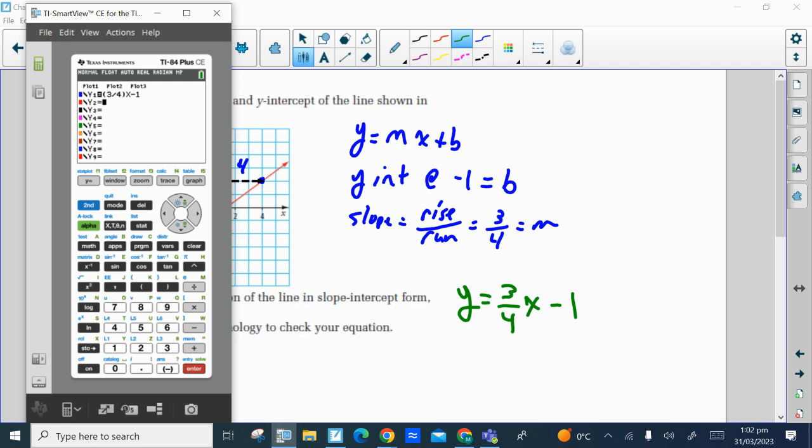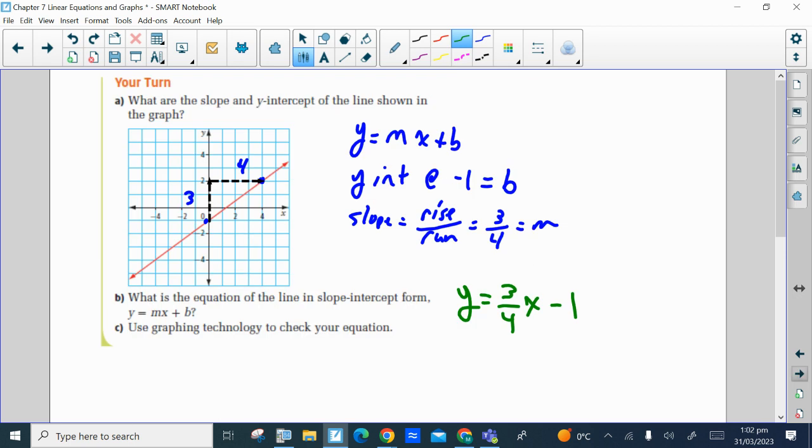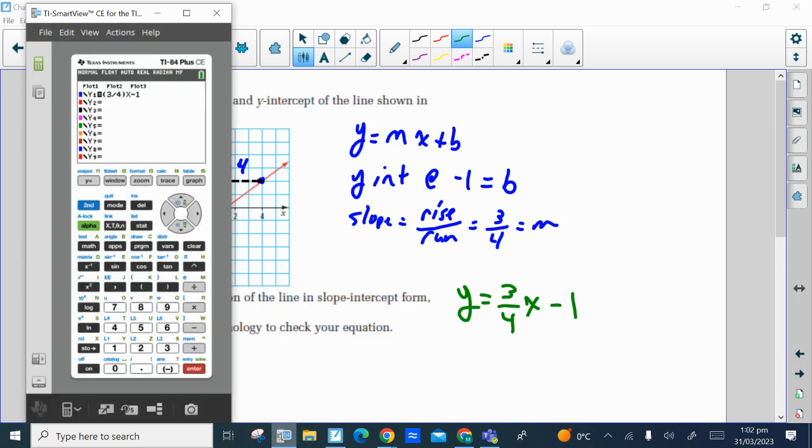But the previous one, that wouldn't work that way because the slope was negative 2/3, and 2/3 is 0.6 repeating. You'd have to round it off at some point. It's no longer exact then, and it would throw off your graph. But in this case, the slope is a terminating decimal, so we could have put 0.75 in.